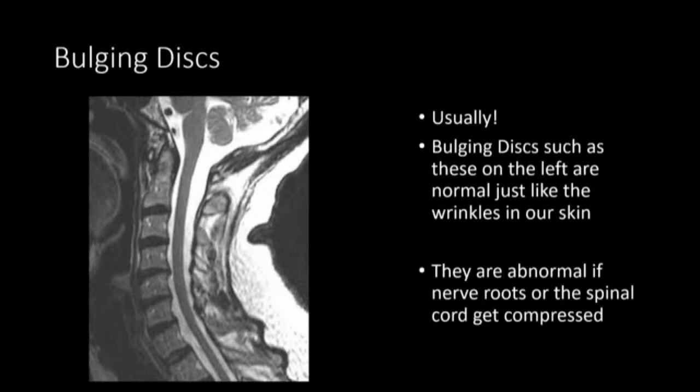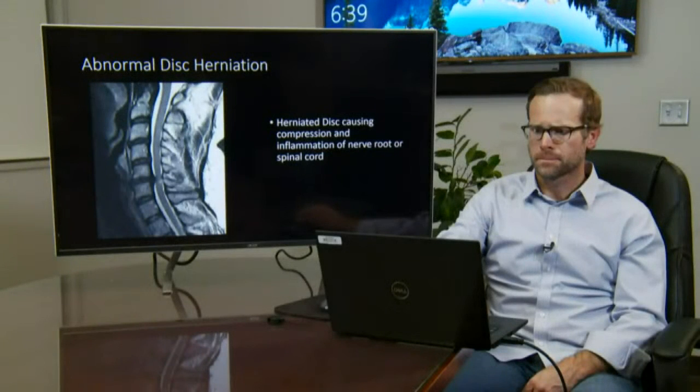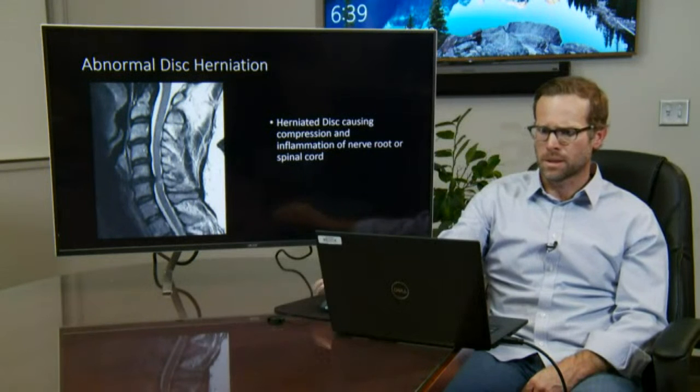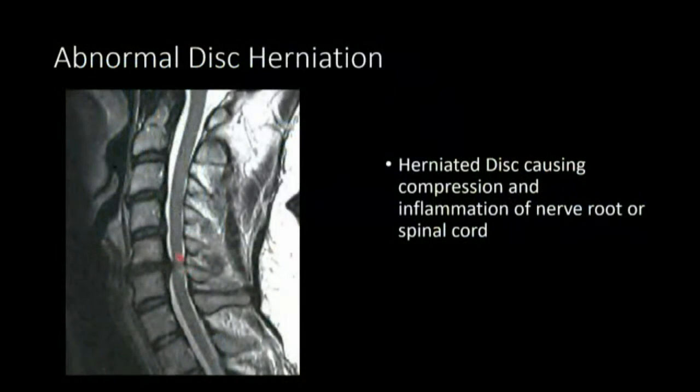Where a disc bulge or disc herniation becomes significant is when that bulged or herniated part of the disc is in a position where it is protruding into, pushing on, or pinching a nerve or the spinal cord. And this is exactly what I was alluding to here. You can see the laser pointer now. I'm circling a disc, and you can see this large black area protruding back from the disc, and the spinal cord being this black structure traveling down that central corridor.